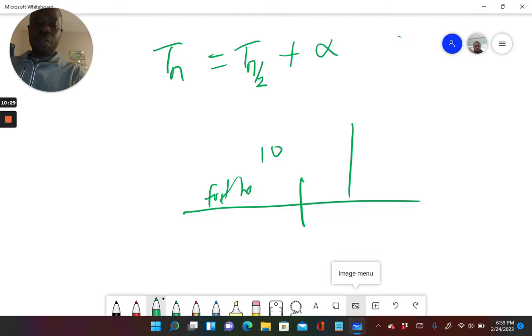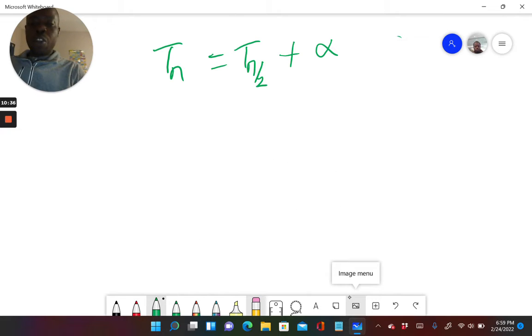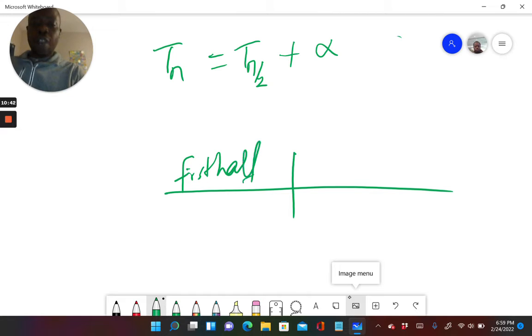First half, second half. So what you normally do is you divide into 2 parts. You call this first half. This is second half. So you compare your item with the midpoint.